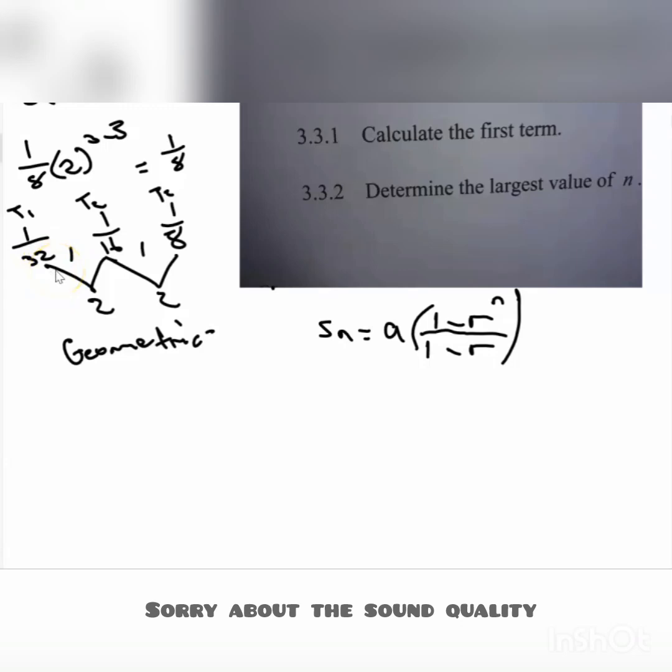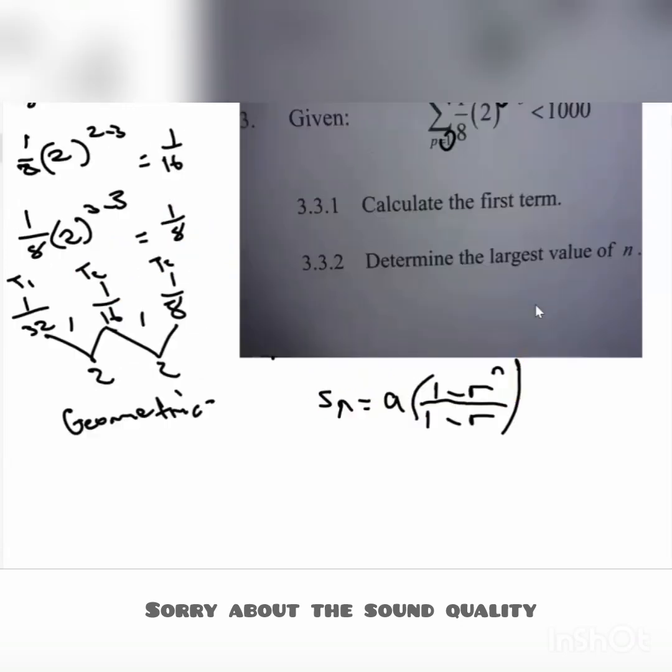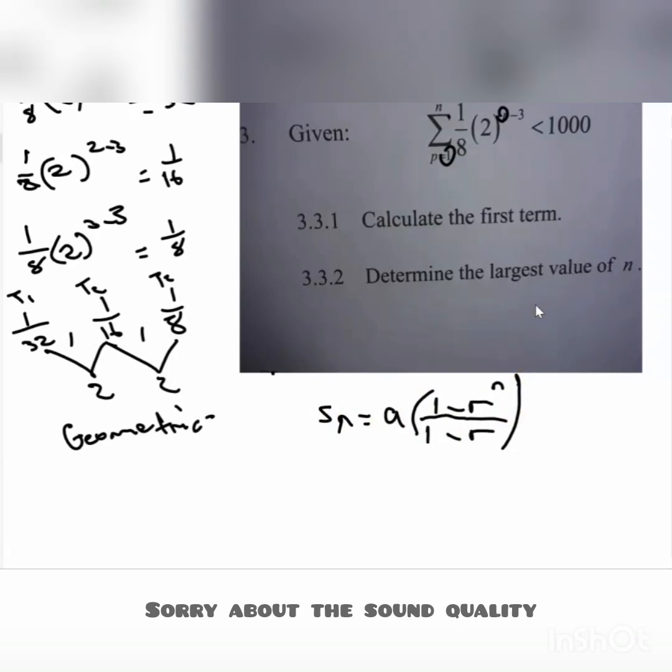Before I start substituting, let me explain something. When it comes to a summation, the value you substitute here, you're supposed to take the end and subtract the start, then add 1. So in this case it's n minus 1 plus 1, which is going to be n.